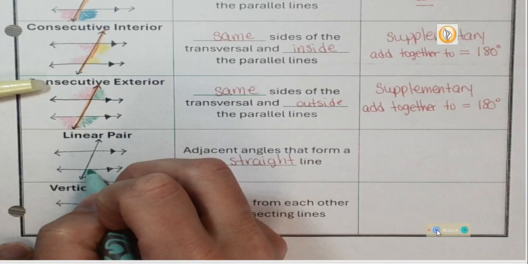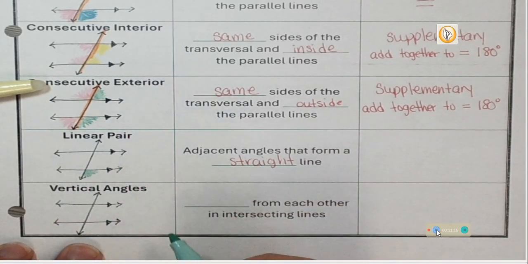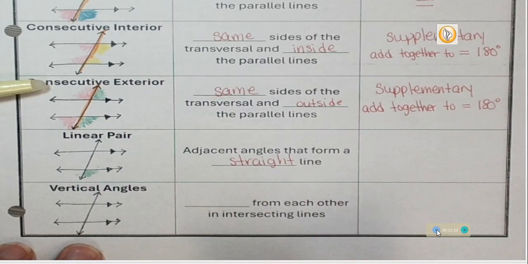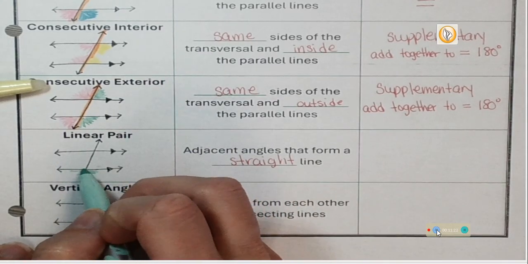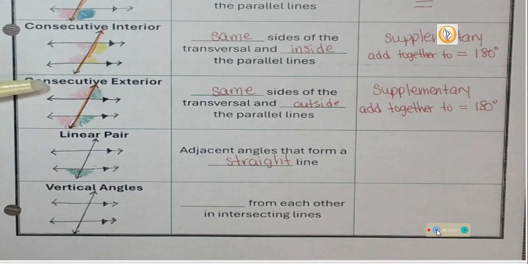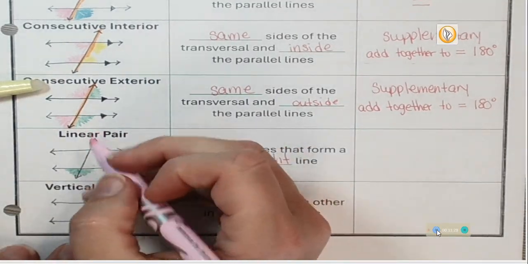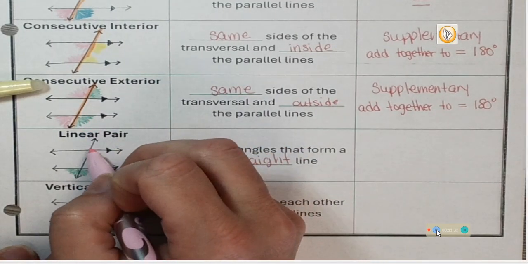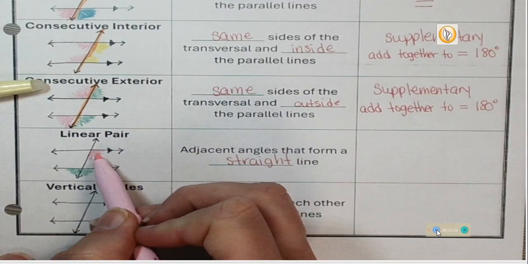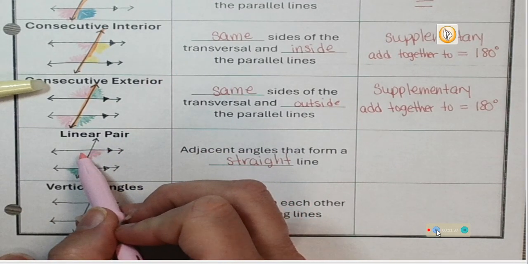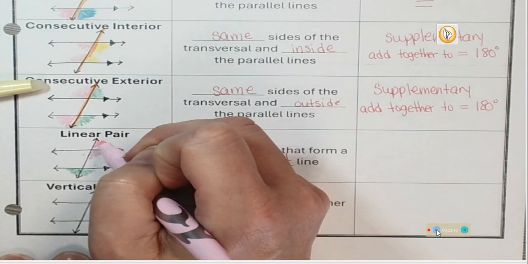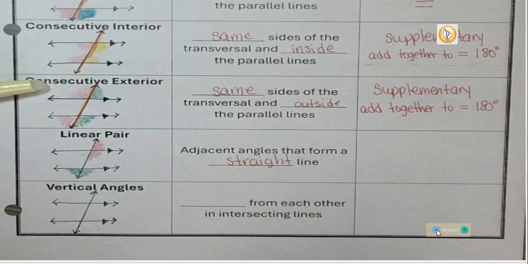This angle actually forms a linear pair with either this one or this one. Okay, so you could form a linear pair this way. If I color this angle right here, it forms a linear pair. It forms a straight line here, and it forms a straight line here. Both of those would be a linear pair.